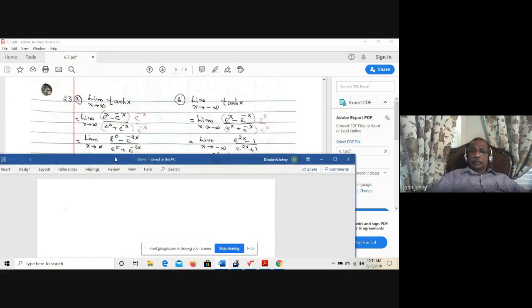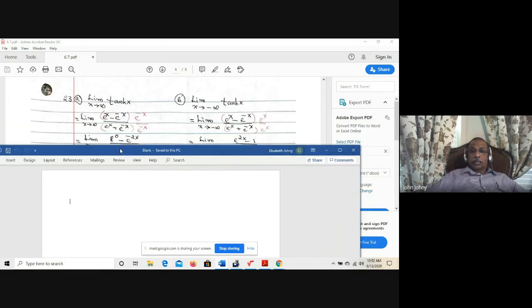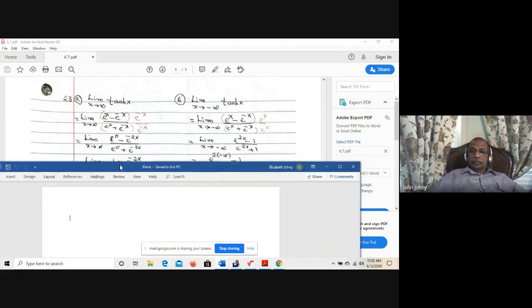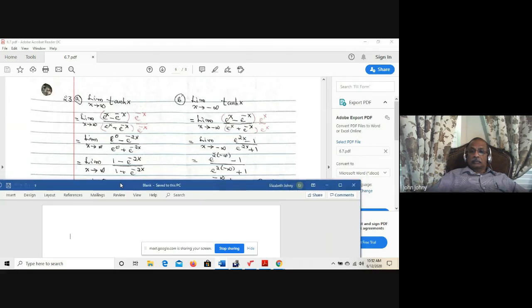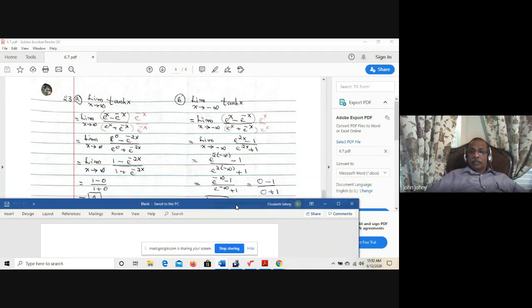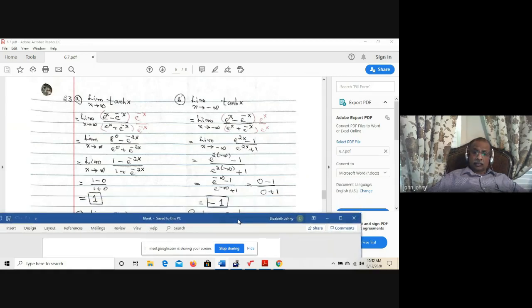So you get limit x approaches negative infinity, e to the 2x minus 1 divided by e to the 2x plus 1. So x is negative infinity. So this is e to the 2 times negative infinity minus 1 divided by e to the 2 times negative infinity plus 1. So that is 0 minus 1 over 0 plus 1. Answer is negative 1.